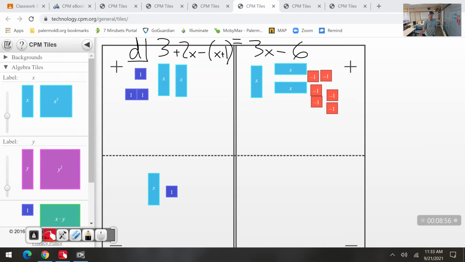I personally, this is me personally, I would do a bottom to top flip. I would do a zero pair. I would do a balance. I would do a side-side flip. And I would do a regroup. There's my help.